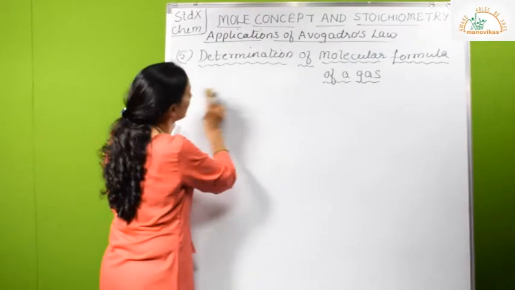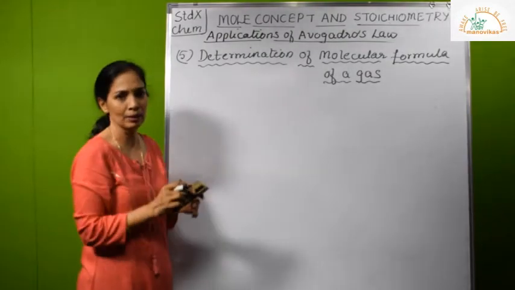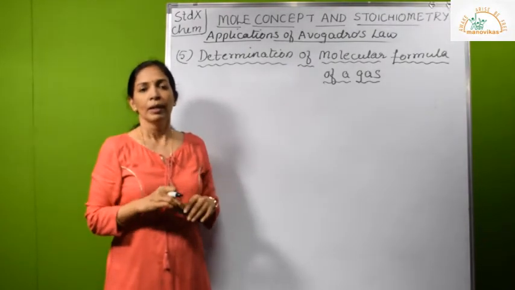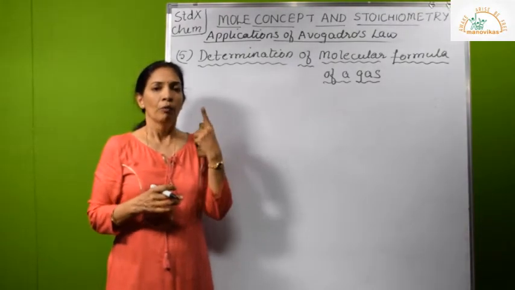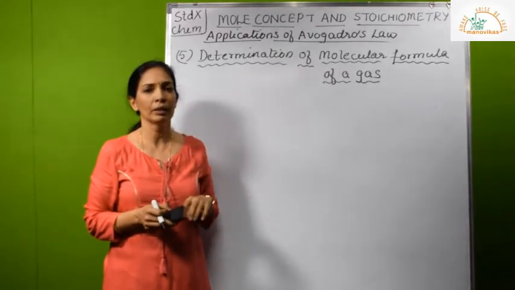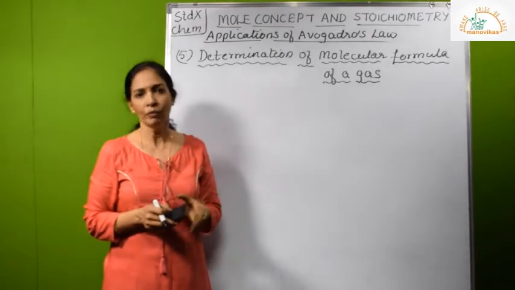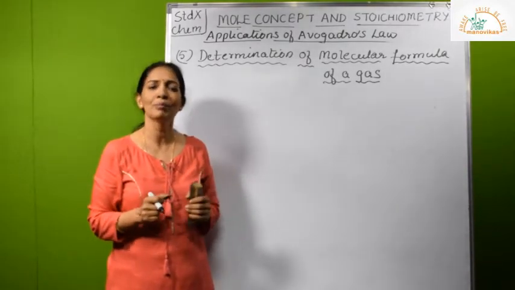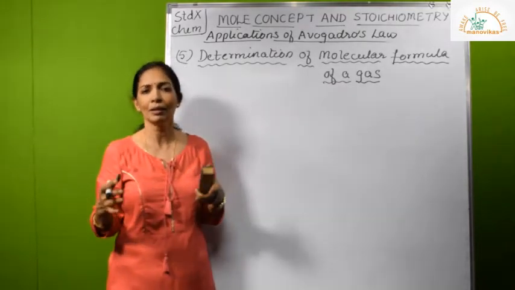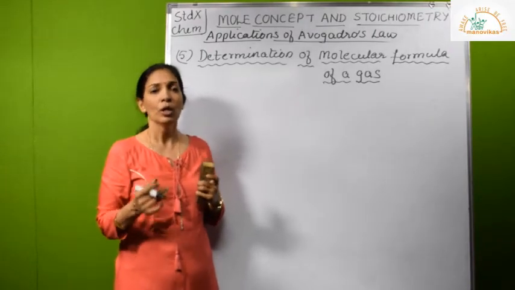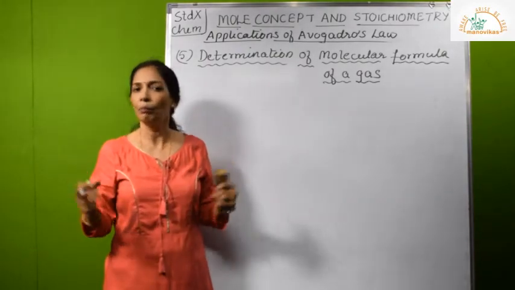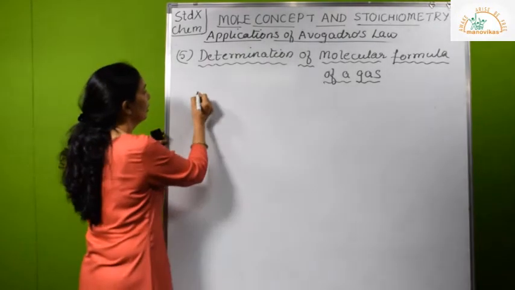Let us see how can we calculate molecular formula of a gas. Let us take example of synthesis of ammonia. It is experimentally found that 1 volume of nitrogen gas combines with 3 volumes of hydrogen gas and forms 2 volumes of ammonia. You all know this equation. Many a times while giving example of catalyst, promoter, temperature conditions, pressure conditions, many times we have studied this. N2 plus 3H2 is equal to 2NH3. So we are not going to write the symbolic equation. We will write word equation.